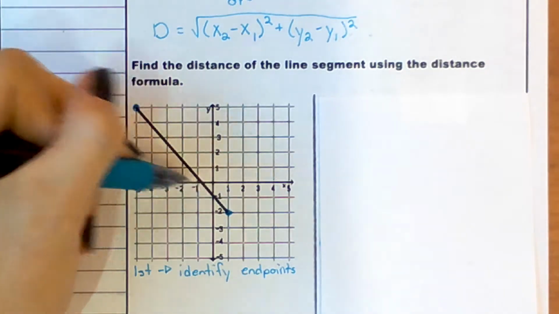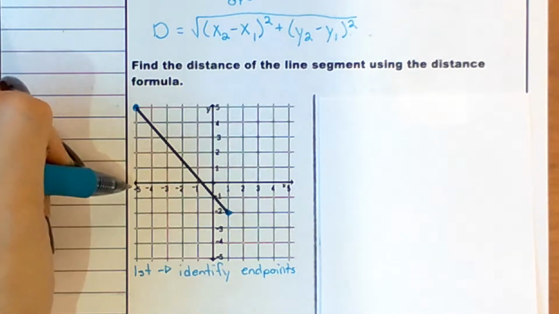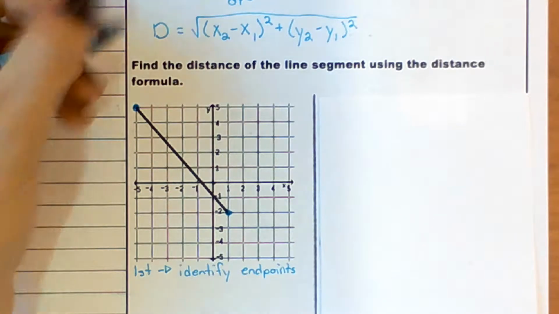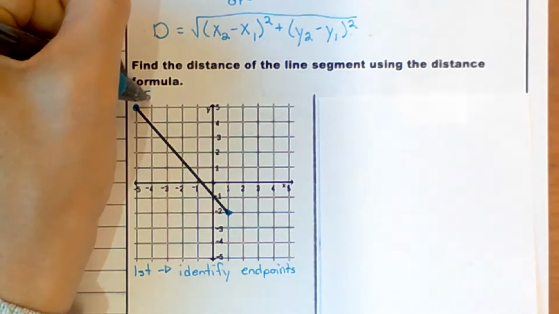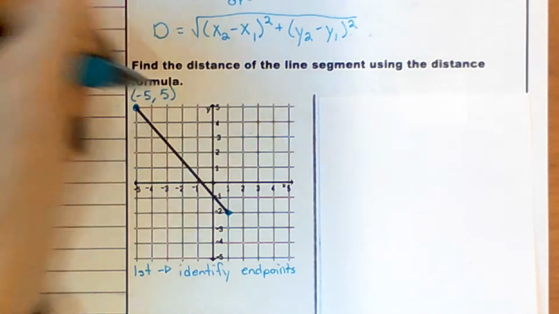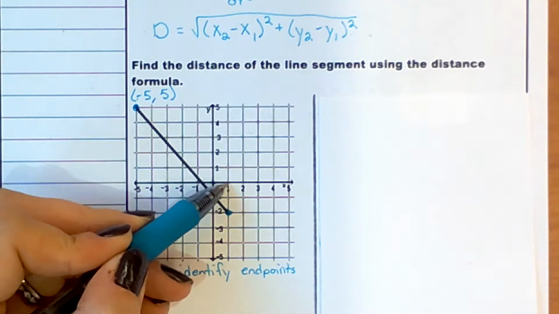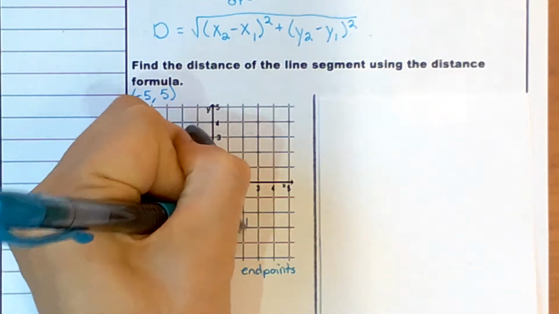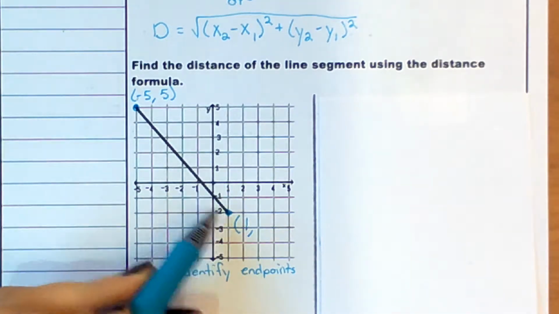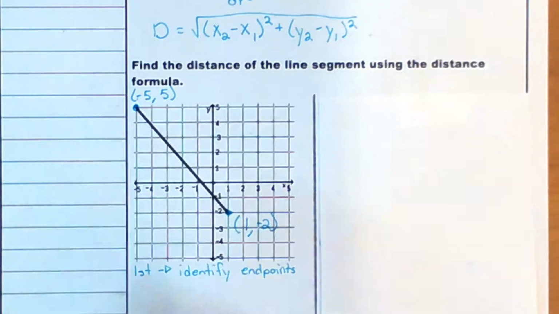That's your first step. So this, from the point of origin, I'm going left 5, up 5. So this coordinate is -5, comma 5, x and y. And then to get to this one, I'm going forwards 1, which is a positive 1, down 2, -2.